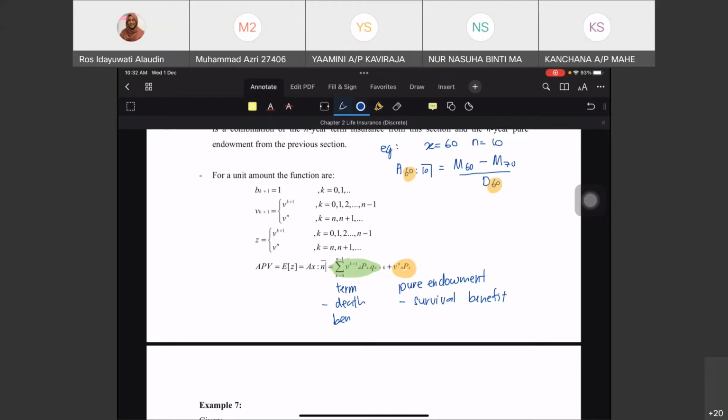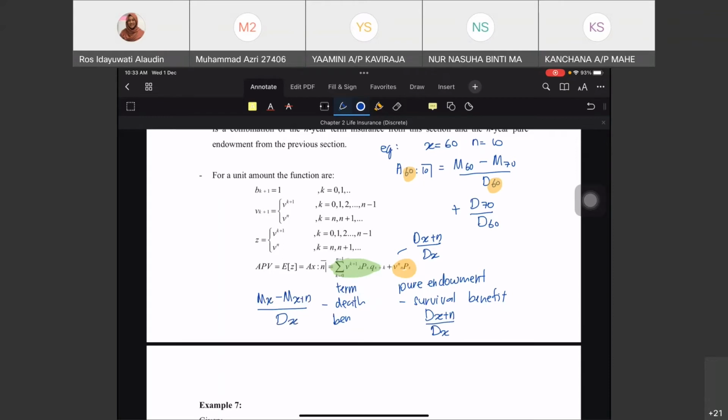Plus the pure endowment: D(x+n) over Dx, so D70 over D60. You can refer to the table. For pure endowment, it is D(x+n) over Dx; for term insurance, Mx minus M(x+n) over Dx.